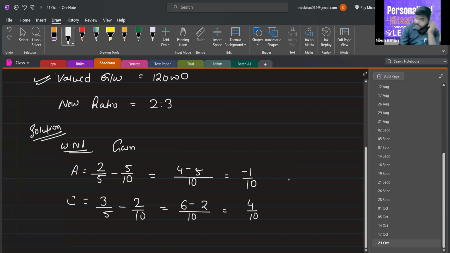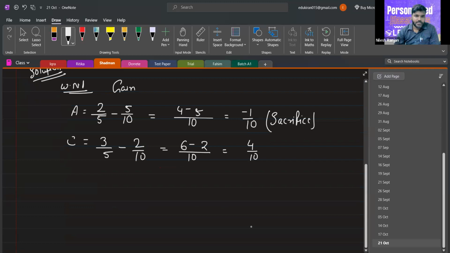You can see. A is sacrificing. That's why I told you we cannot say which partner is sacrificing or gaining; when we calculate, then we can find out.